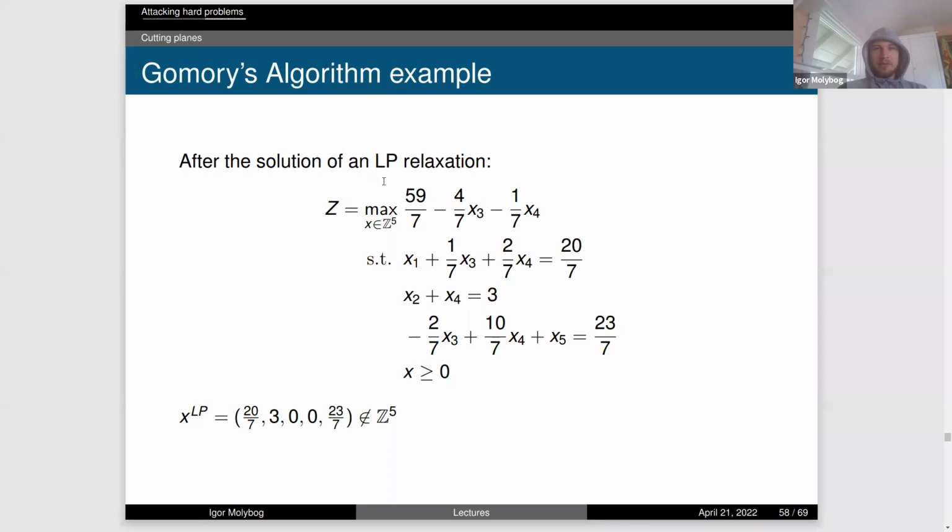After the solution of the IP relaxation, we can do the separation of the variables into basic and non-basic, and we can equivalently rewrite the problem of optimization over 2 variables, converted into the problem of optimization over 5 variables. Can anyone tell me what exactly the basic variables are in this case, in the rewritten problem?